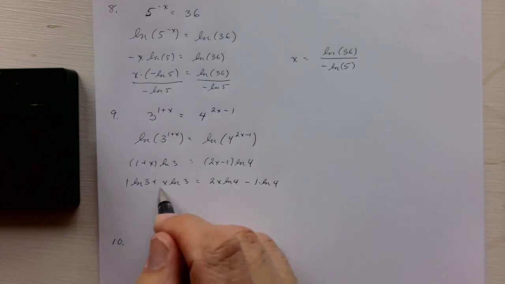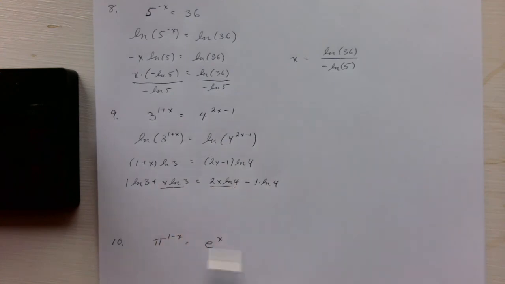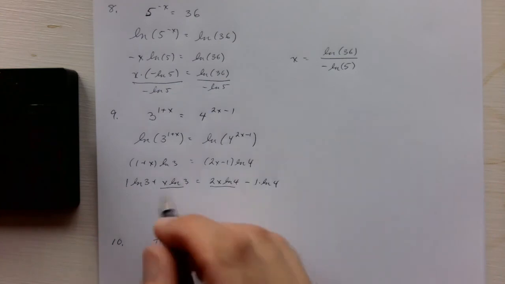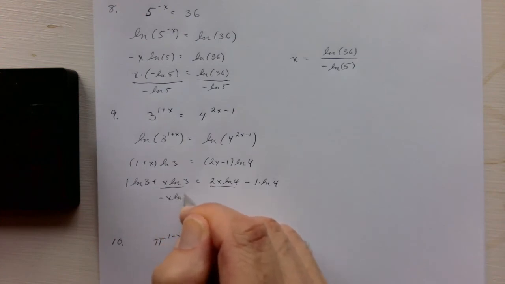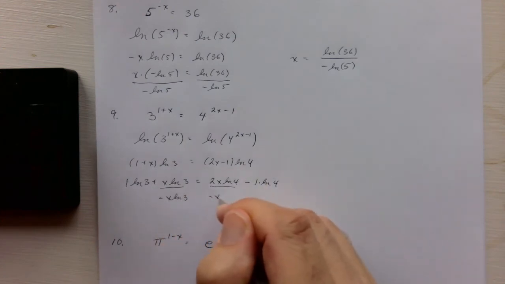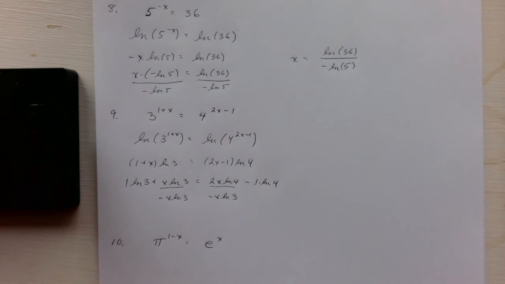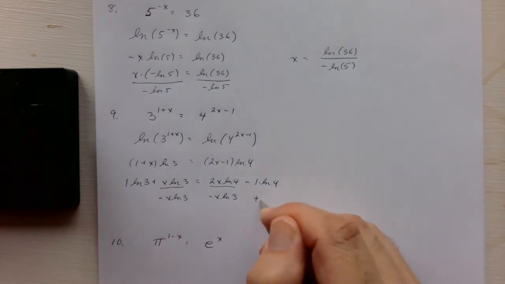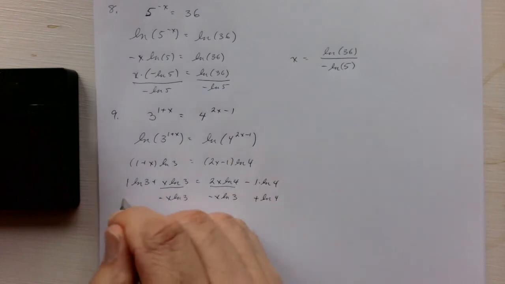We have x terms here and here. We want these two terms together, and we want these constant terms on the other side. So I'm going to subtract x log 3 from both sides. And then I want to bring this log 4 to the other side, so I'll add 1 log 4 to both sides.